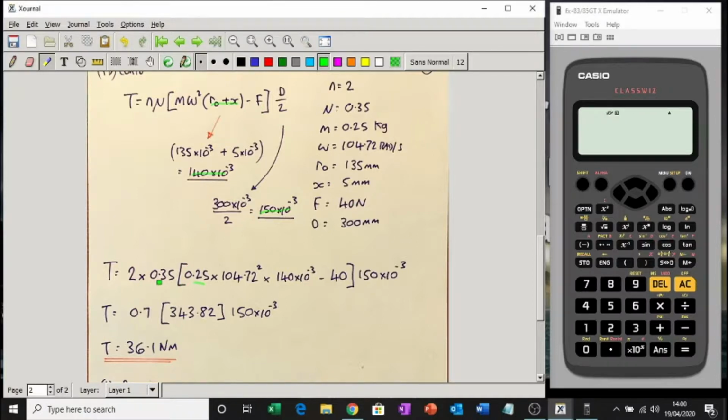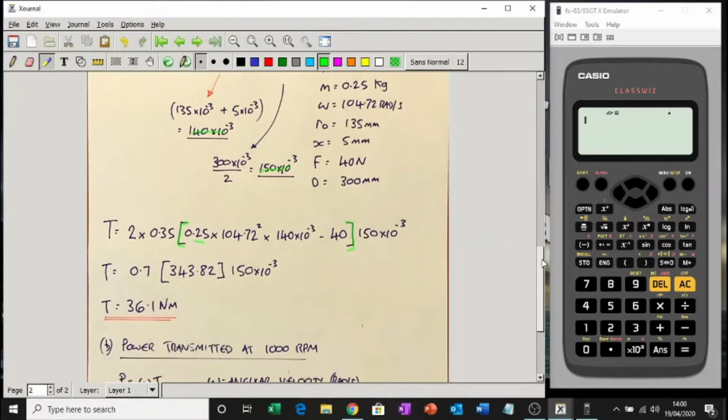So it's 2 times that, times by all of this. Make sure you do that. So all of that times by this, times by d over 2, which is 300 over 2, which is 150 in a meter.